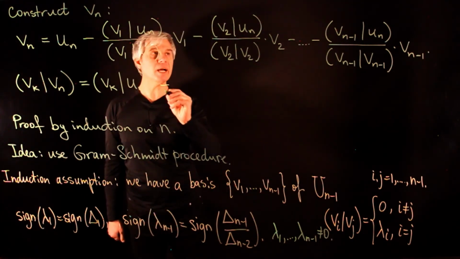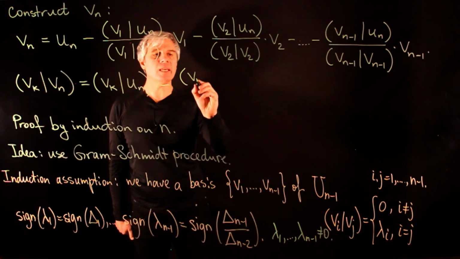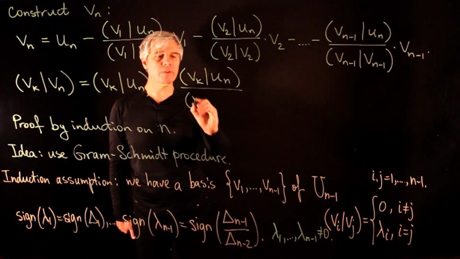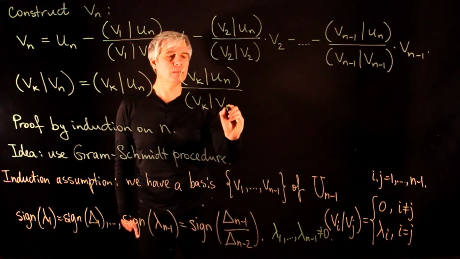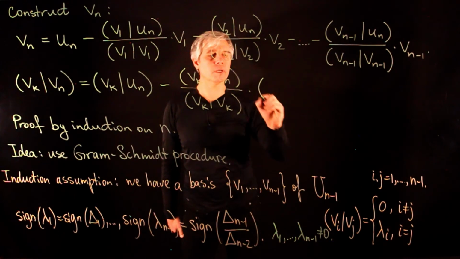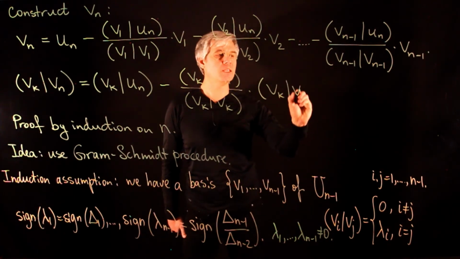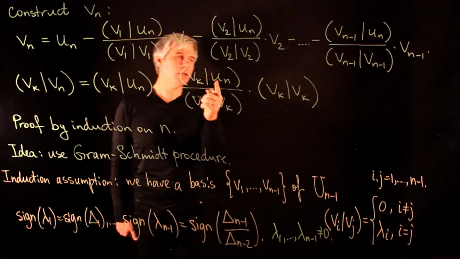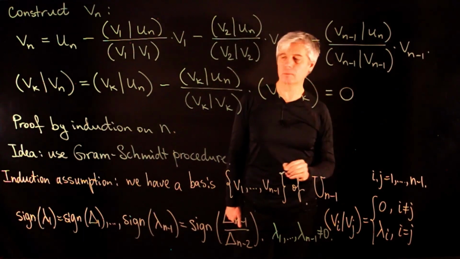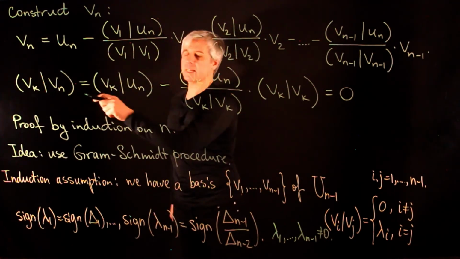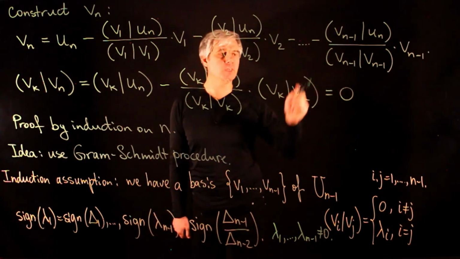And then we get minus (Vk, Un) over (Vk, Vk) times (Vk, Vk). And we see that the denominator will cancel, and we get 0. This proves that this bilinear form will diagonalize in the basis of V's.